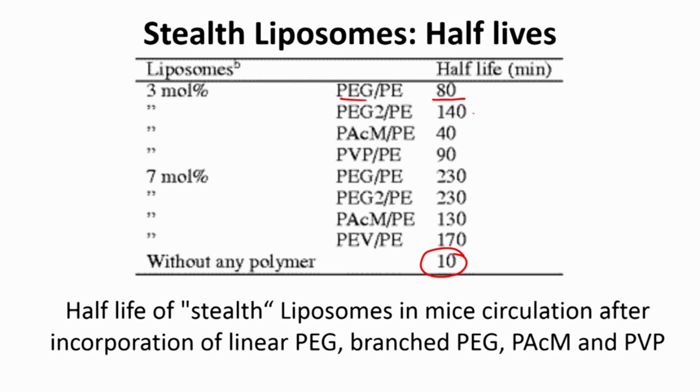You can have the branched PEG that we talked about, which further increases it because it is more effective, and then you can increase the PEG amount, and then these values further increase. As you can see, it has gone from 80 to 230, and the branched PEG did not really change much. So, all of these strategies can be used to increase the half life.